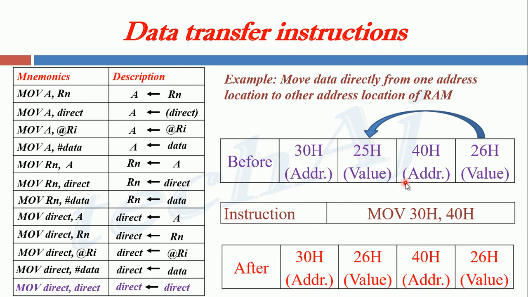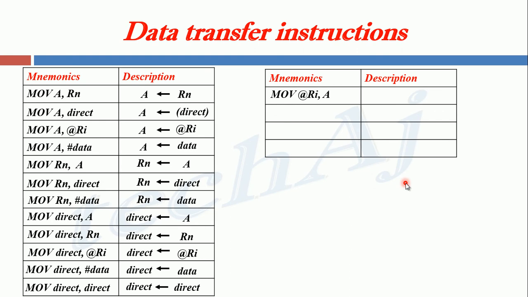Similarly, we can have the instruction MOV @Ri, A, where accumulator data is copied into the address location pointed by the register pointer @Ri. MOV @Ri, direct, where data is copied from the direct memory location into the address pointed by the address pointer @Ri.